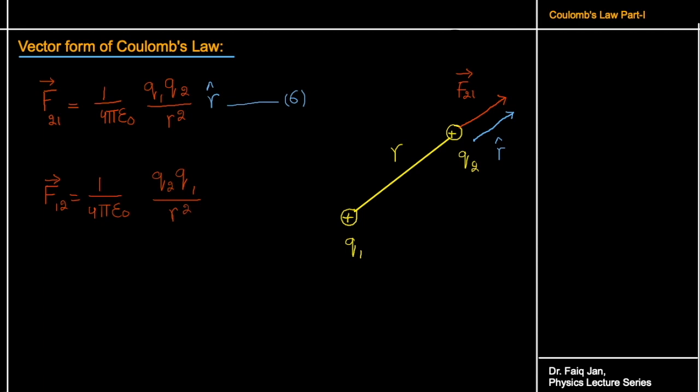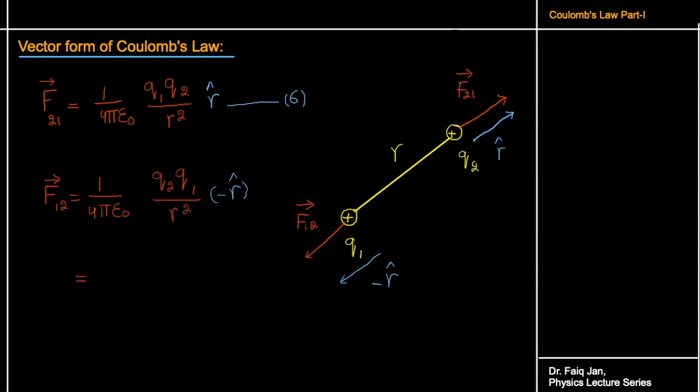And the tail of F12 will be placed on Q1, but this time the direction of F12 will be opposite to that r unit vector, which is minus r unit vector. So we can write the direction of F12 as a minus r unit vector.